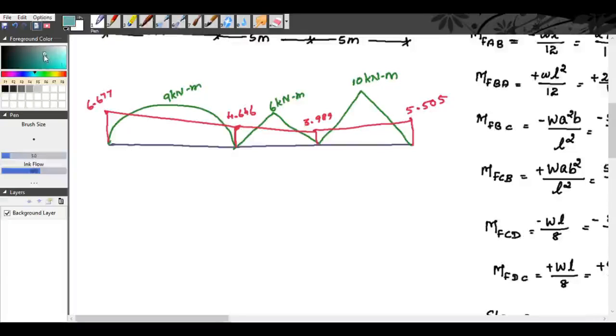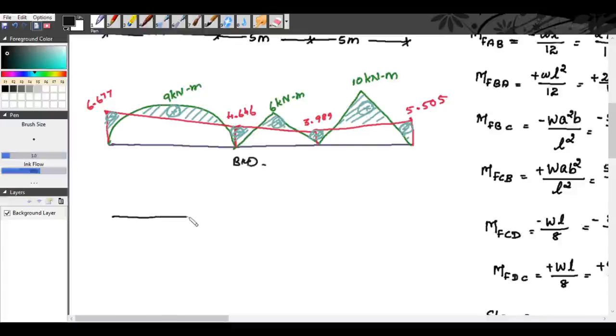So your net bending moment diagram will be like this. Here you have negative moments, positive moment, negative moment, positive moment, negative, positive and negative. That will give you the sagging and hogging details. So this is our bending moment diagram.